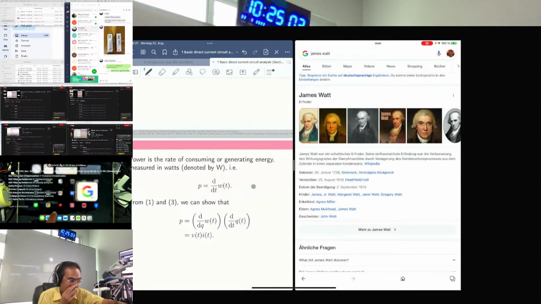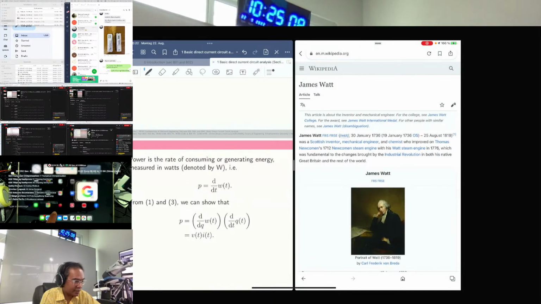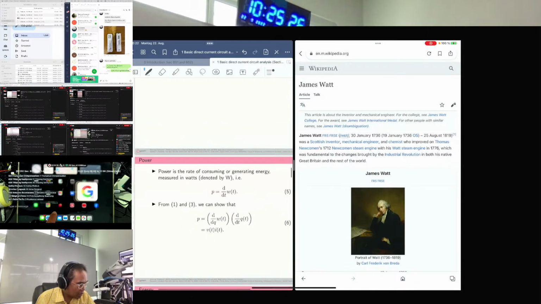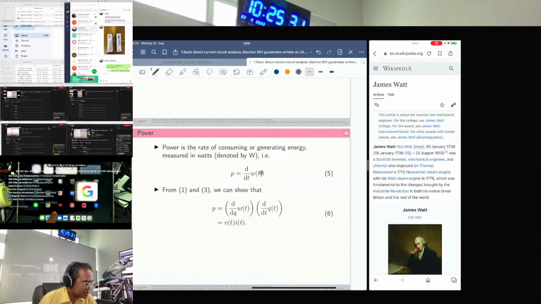This person, you know this guy, right? If you study history, the world has changed a lot because of the revolutionary era of industry, and this guy James Watt had discovered this quantity. The work per time or energy per time is called power, and the unit of power is according to his surname.